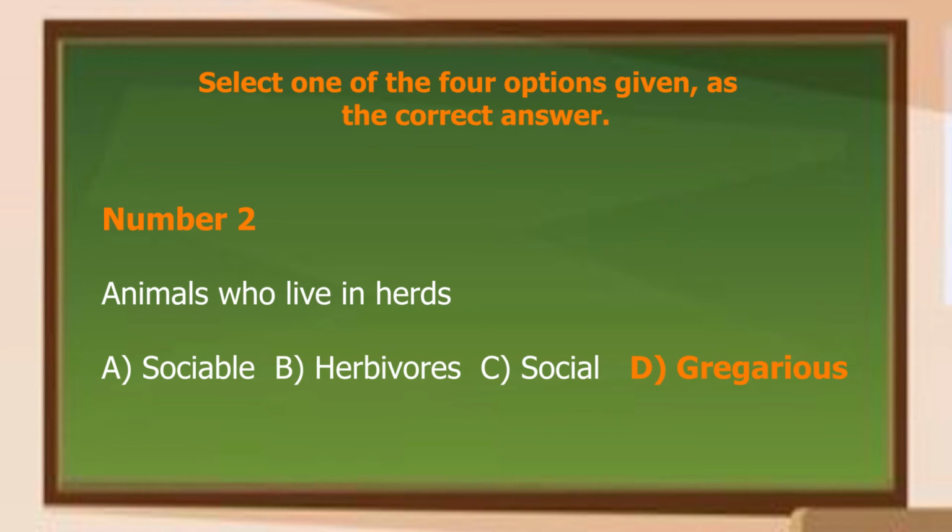Now, if you selected D, gregarious, you are correct. Animals who live in herds, we call them gregarious.